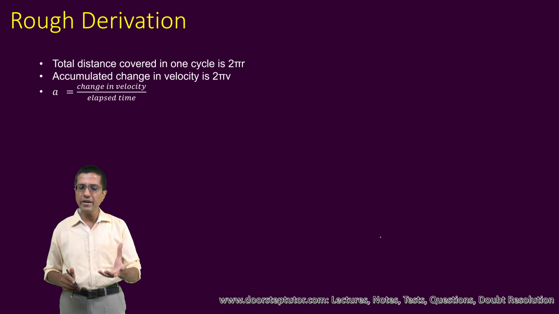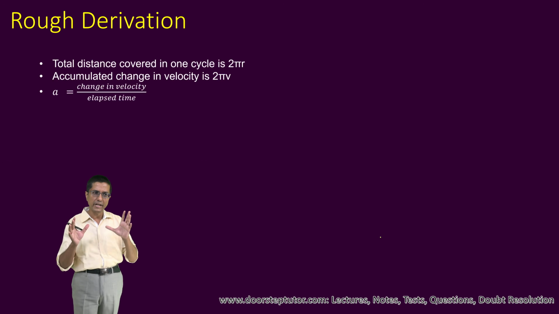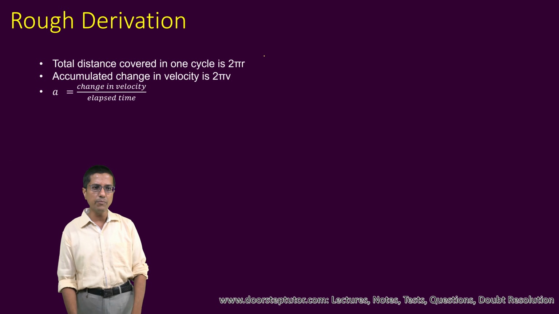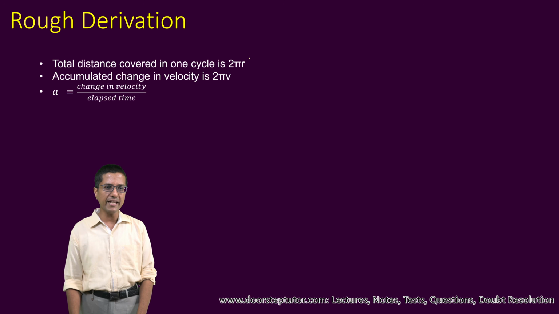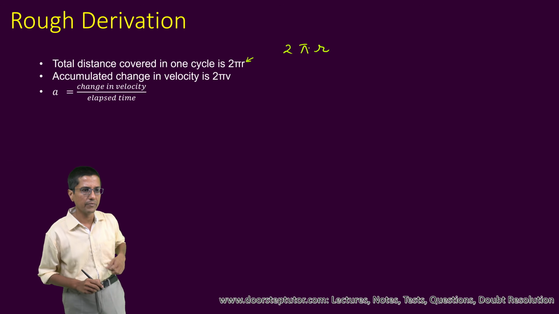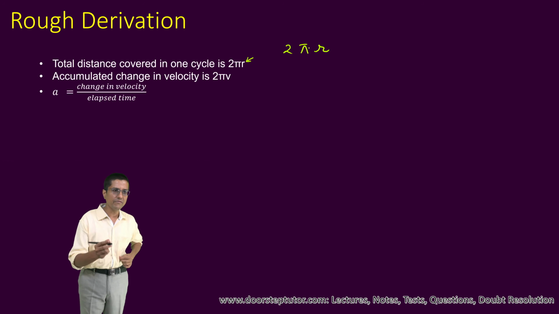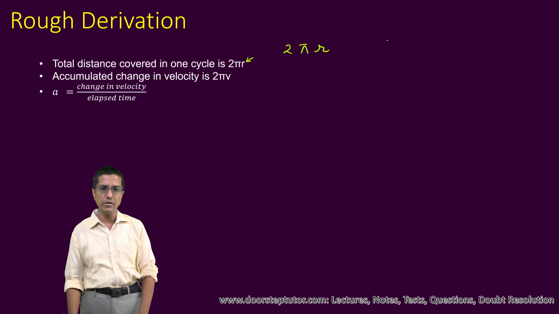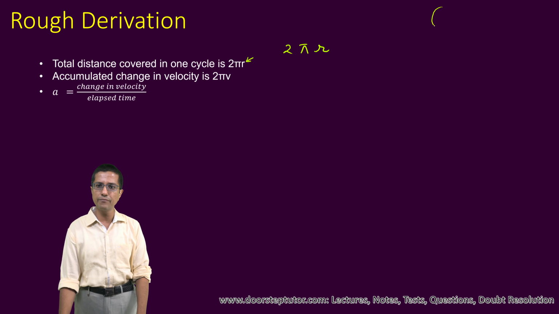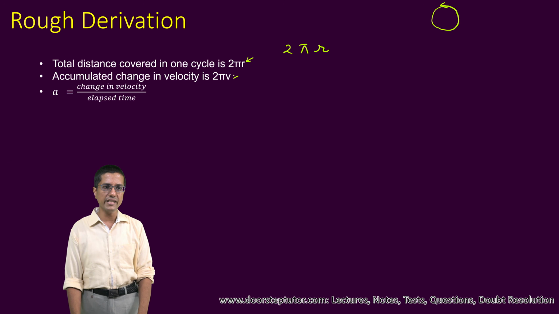So hopefully this aspect is very, very clear. There is a simpler, more intuitive way to understand this. If the body is rotating in one cycle, it will cover a distance equal to 2 pi r. And the net change in velocity, because the velocity vector has rotated by a full angle of 2 pi, is equal to 2 pi v. Mind it, this is a very rough definition.